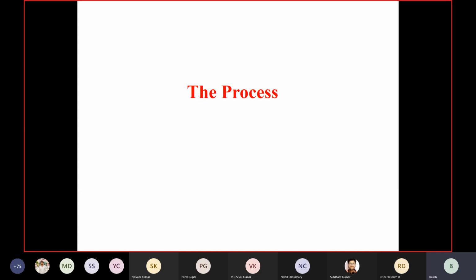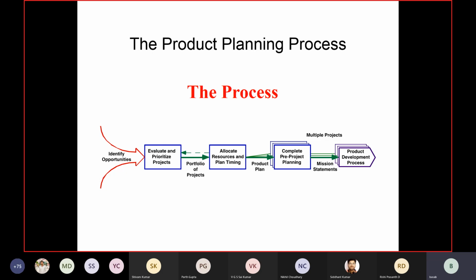What is the process? Now we have seen the process of product development. So what is the process of product planning? Now, this is the one. Identify opportunities, and multiple opportunities are prioritized, and very promising ones are chosen.